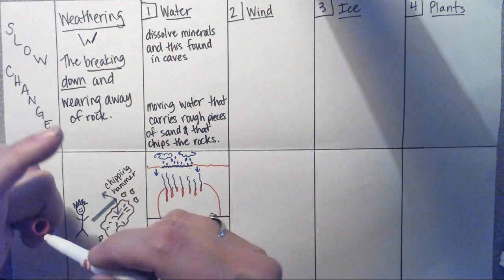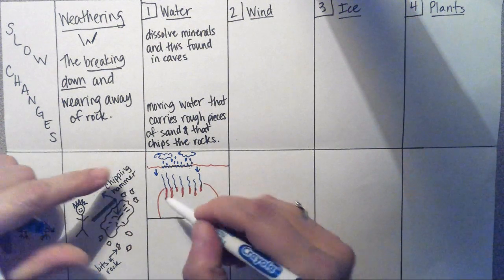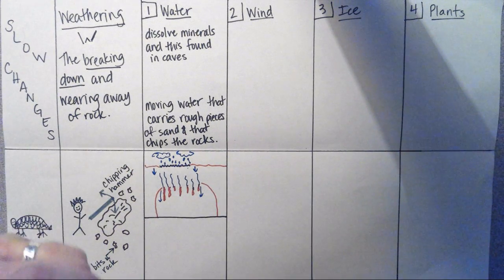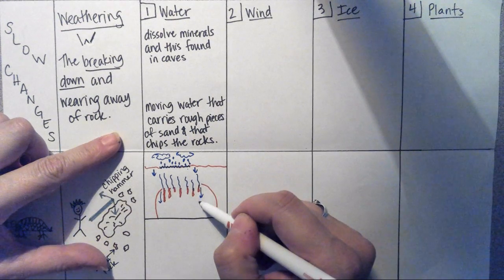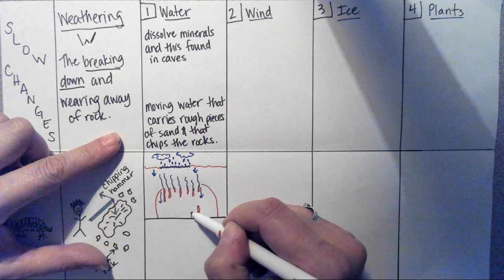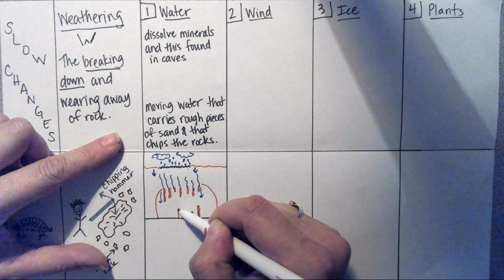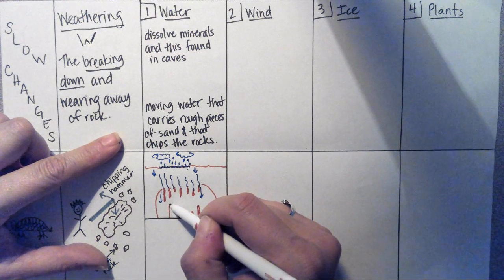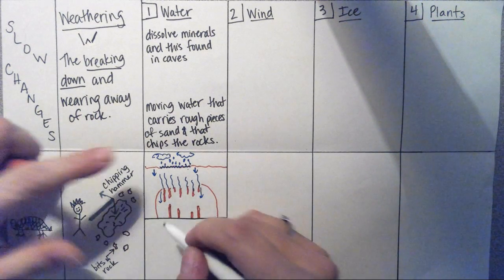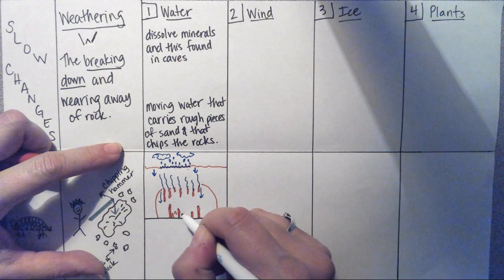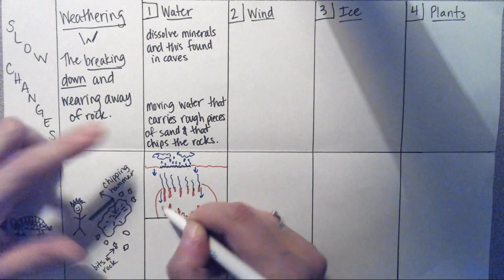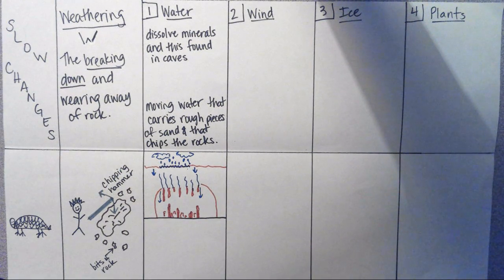Okay. And then this water continues to drip, right? So then what happens is it drips and drips and drips, and then we have stalagmites. Okay, so then we have stalagmites.